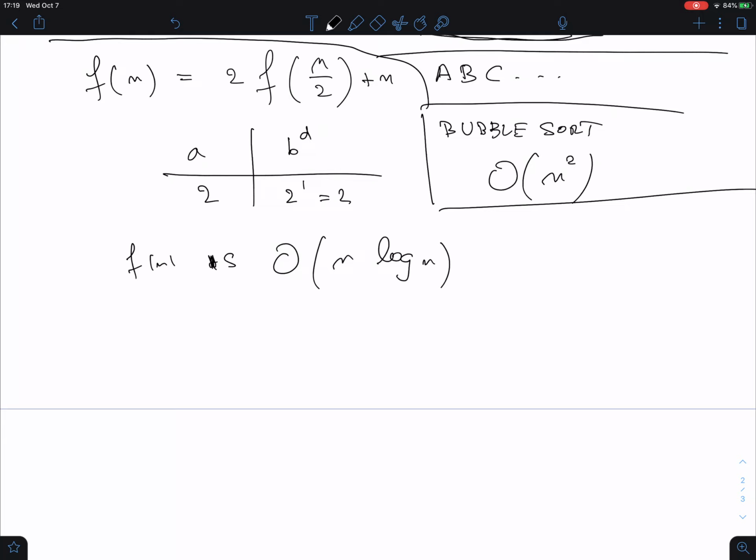So the log 2 of 1,000 is about 10. So if n is 1,000, this number is about 10,000, where this number of course is 1,000,000 again. And you see a major, drastic difference. And it becomes even more dramatic if you talk about millions and so on. Okay, so that's examples of how this divide and conquer works.